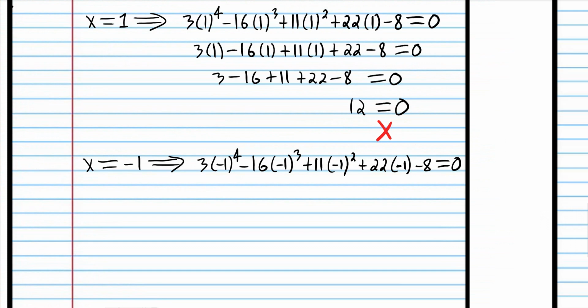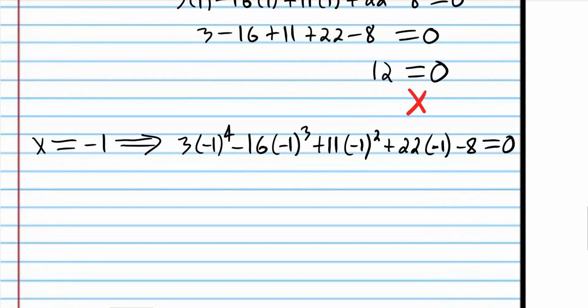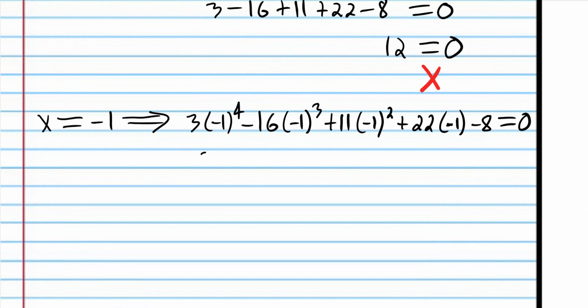And now let's see if that is a solution. So negative 1 to the 4th power is 1. Negative 1 to the 3rd power is negative 1. Be careful with your signs. Negative 1 to the 2nd power is 1. 22 times negative 1 is negative 22.